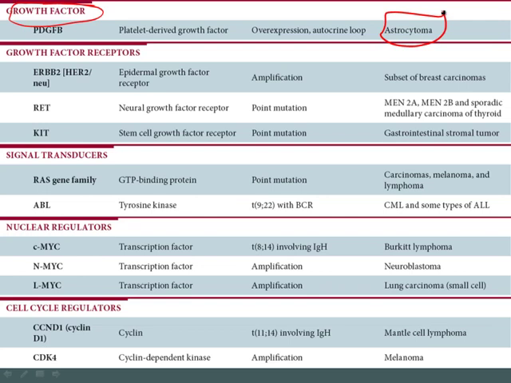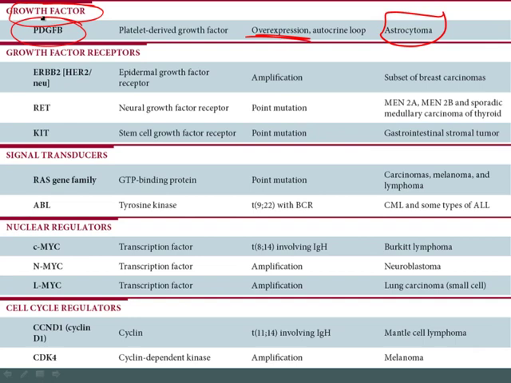Now, I don't want to get into the details of what an astrocytoma is here, but I want to highlight that in this particular case, there is overexpression due to mutation of the growth factor platelet-derived growth factor B, and platelet-derived growth factor B gets overexpressed, which then drives the formation of an astrocytoma.